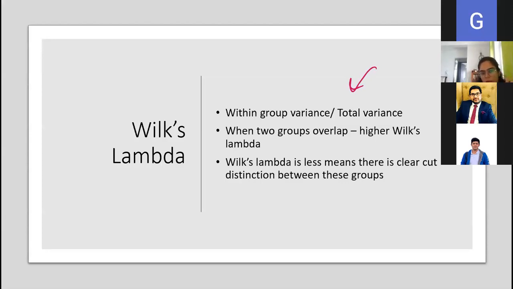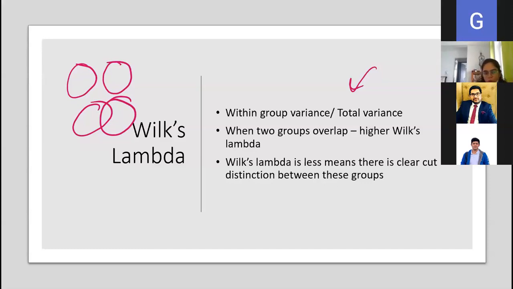Whether the groups are different or the same. Wilks lambda is equal to within group variance divided by total variance.